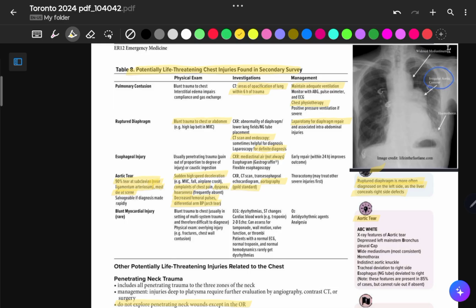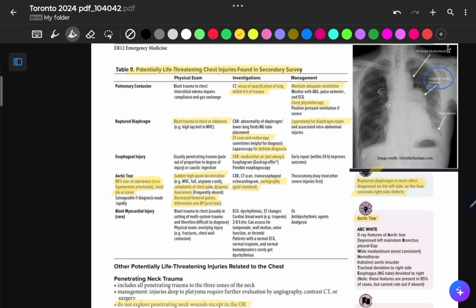An aortic tear: 90% of tears are at the subclavian, just near the ligamentum arteriosum, and most patients die at the scene. Basically, patients usually present after a sudden high speed deceleration.